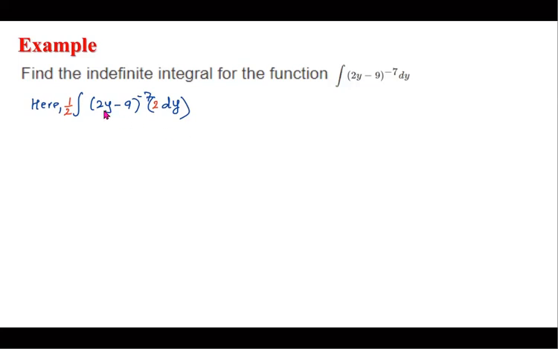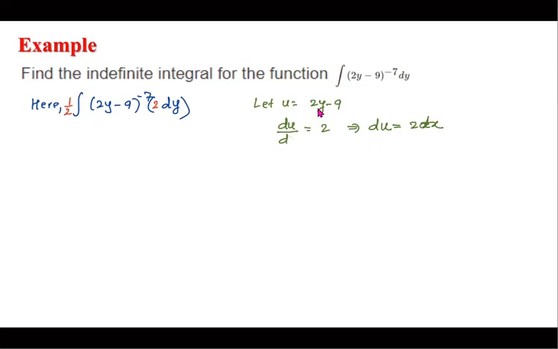And u is the inside function, which is 2y minus 9. So let u equal 2y minus 9. We find the derivative du over dx equal to 2, or you get du equal to 2 dx. Here it is du over dy, by the way, because there is no x, there is a y.